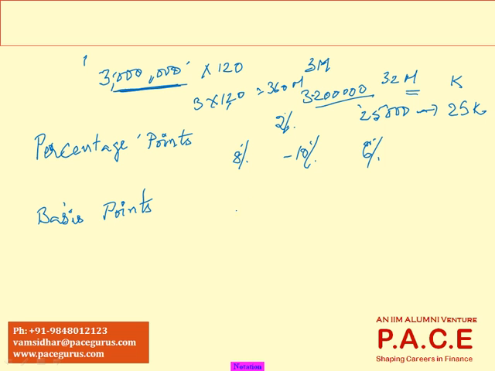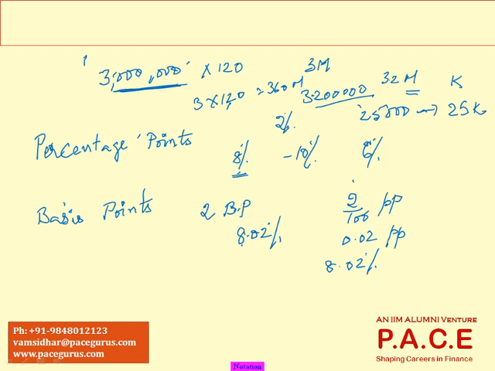But if I say an increase by 2 basis points from 8, it means it has become 8.02%, not 10%. 2 basis points is 2 by 100 percentage points. So 2 by 100 is 0.02 percentage points. Adding 0.02 percentage points to 8 percentage points will make it 8.02 percent.